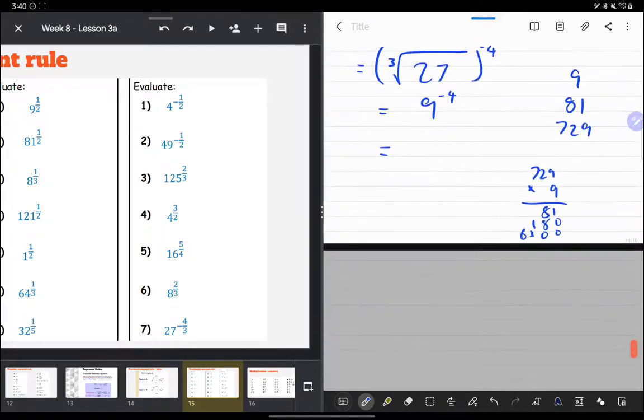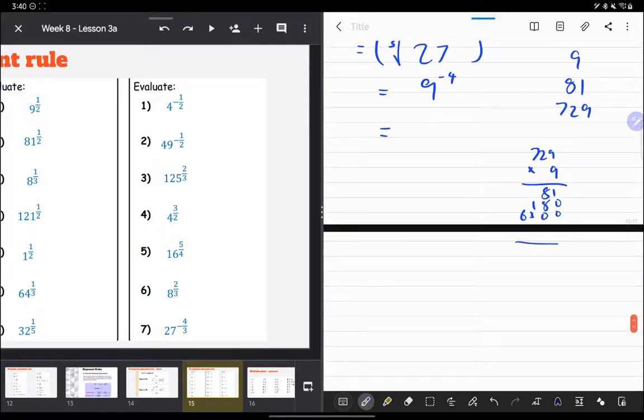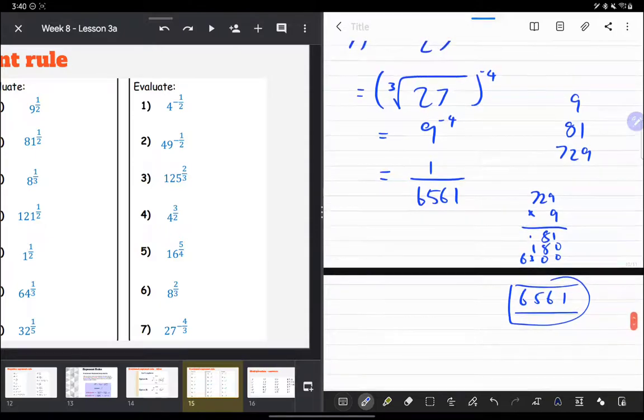Cool. I add it all together and I get 1, 6, 5, 6. Cool. So the answer is 1 over 6561. I wonder if they would have just taken 1 over 9 to the power of 4. Let me check.